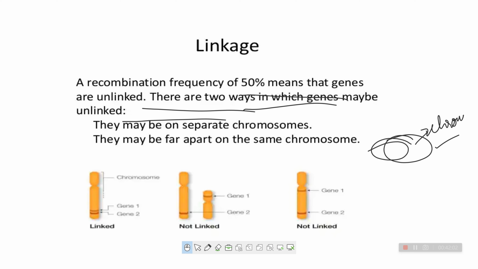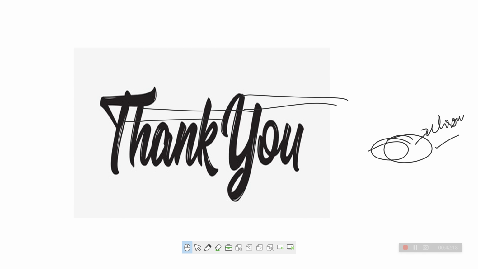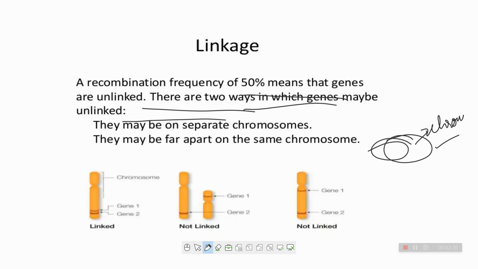Right? For linkage, the distance between two genes must be less. Only after that will linkage or crossing over take place. Okay? Linkage takes place with the help of crossing over.